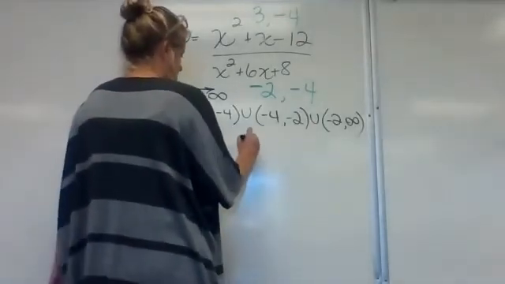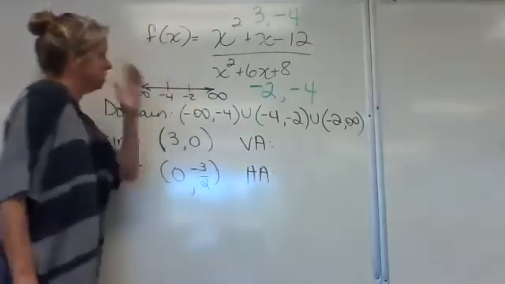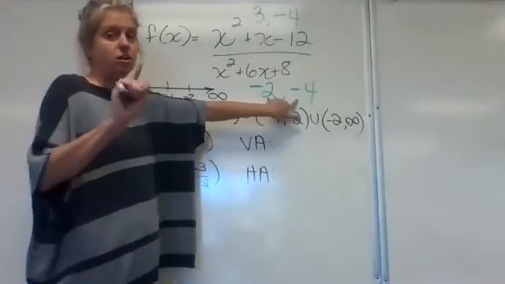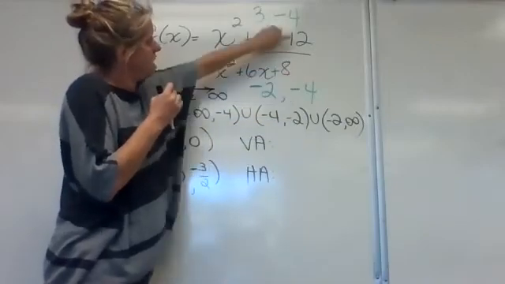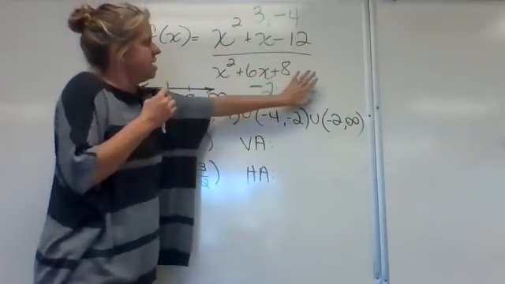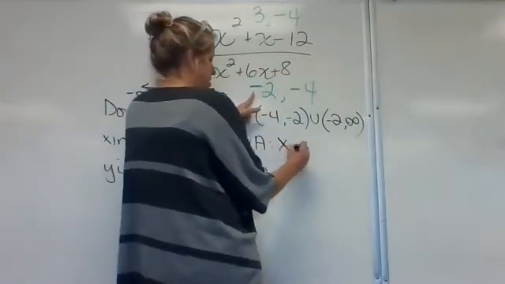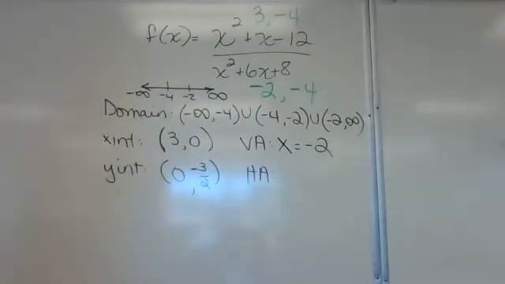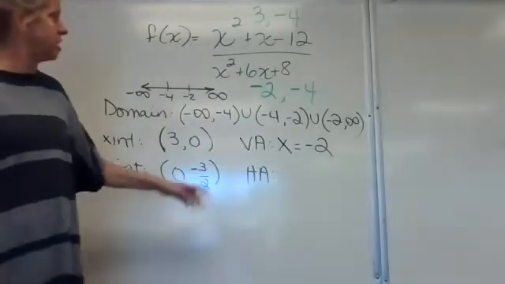And then it's going to want to know vertical asymptote, horizontal asymptote. So let's see, the vertical asymptote: zeros of the denominator, but that are not also zeros of the numerator. So since negative 4 is in both spots, it does not make a vertical asymptote. Your only vertical asymptote is x equals negative 2. Now your horizontal asymptote, that's what goes with the horizontal asymptote chart.